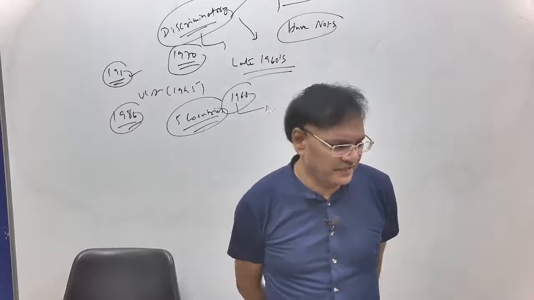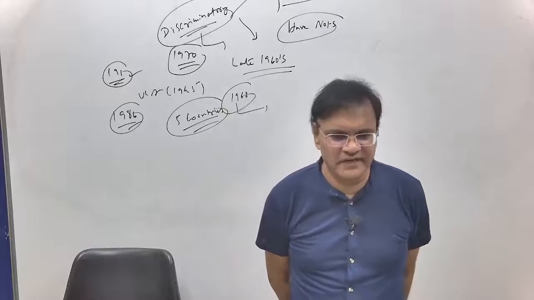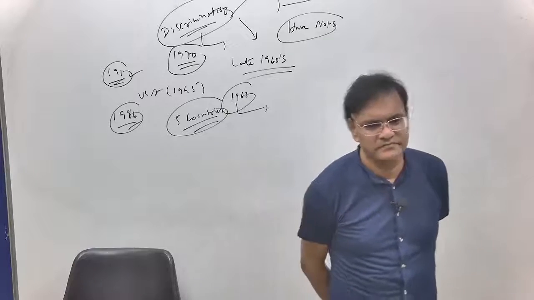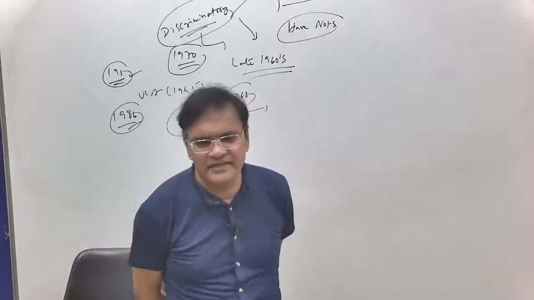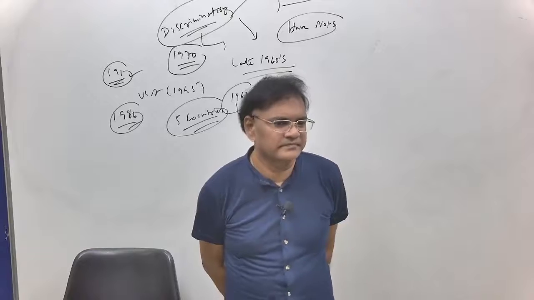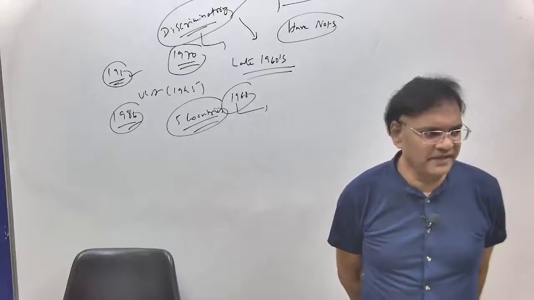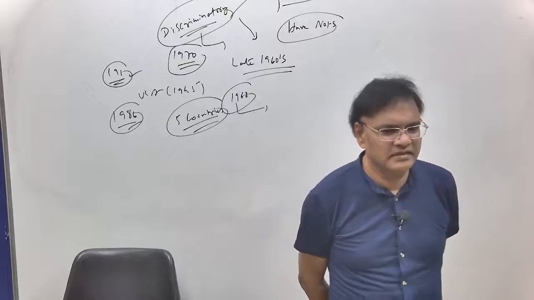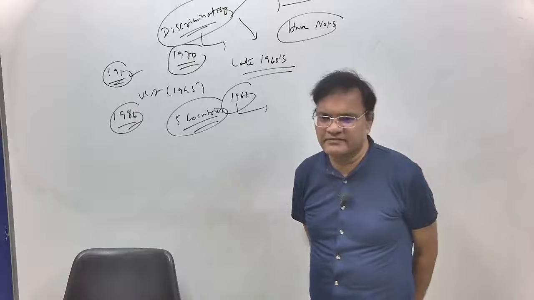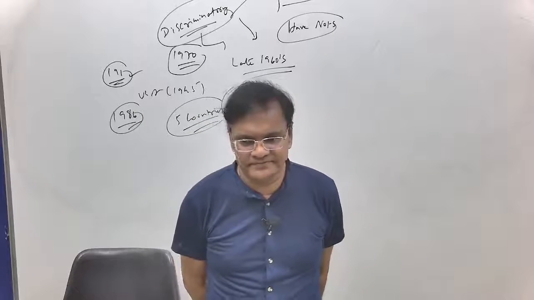Originally, this treaty was conceived for a period of 25 years. From 1970, 25 years means 1995.